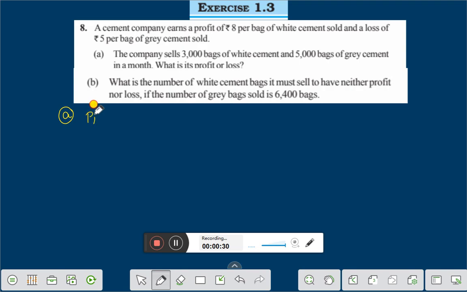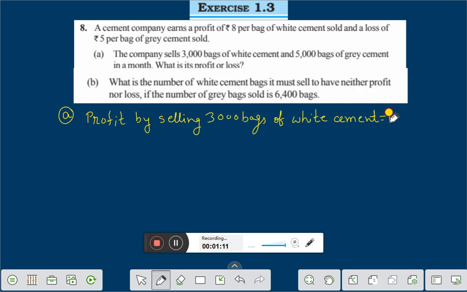Profit by selling 3000 bags of white cement is equal to rupees.